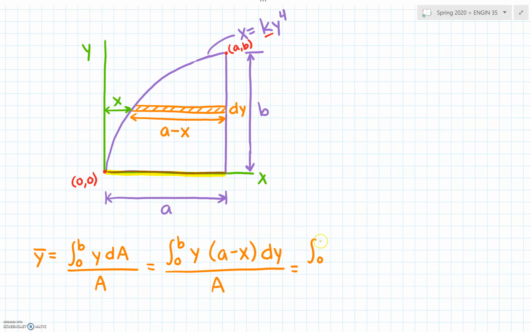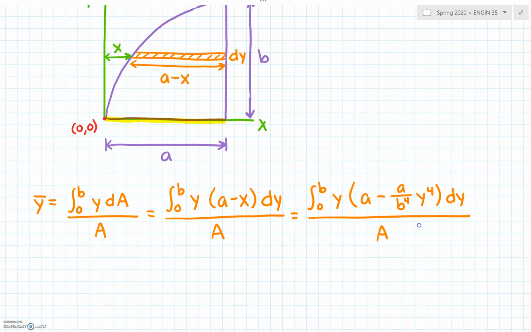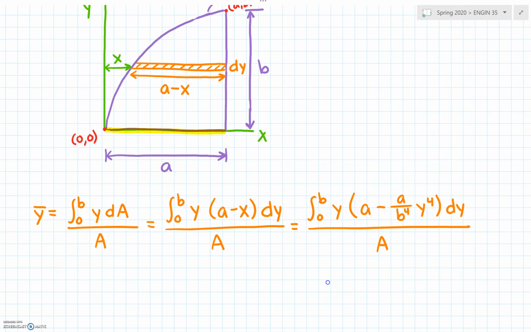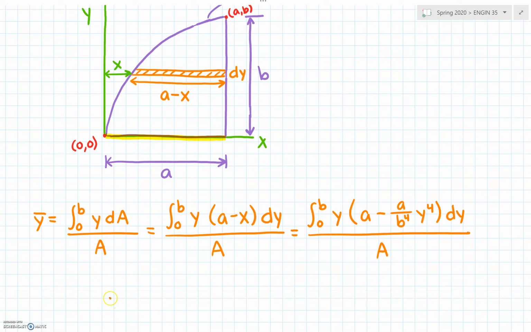So here we have the integral from 0 to b of y times (a minus, using our equation for x, a over b to the fourth times y to the fourth) dy, divided by our total area A. I'm going to leave the integral for you to solve and give the answer: y bar is equal to 5 divided by 12 times b.